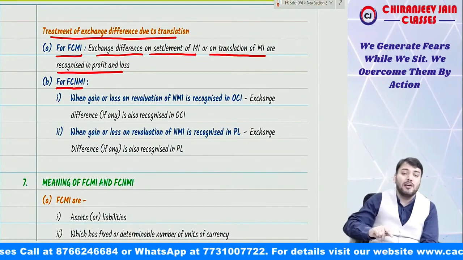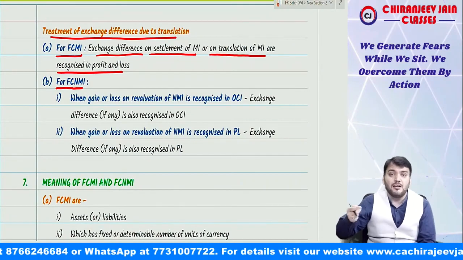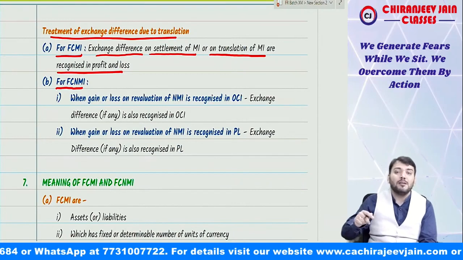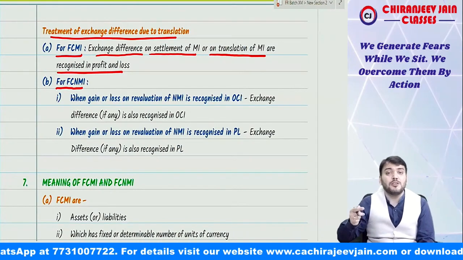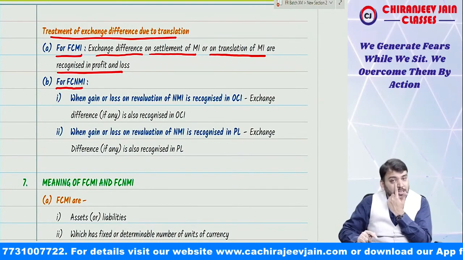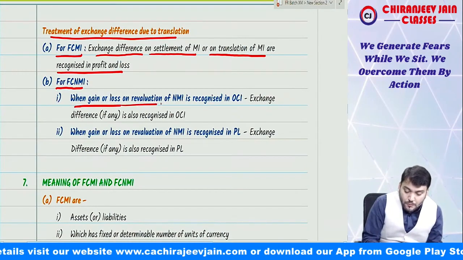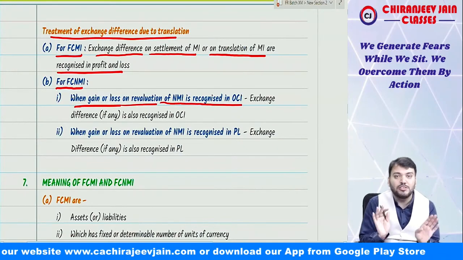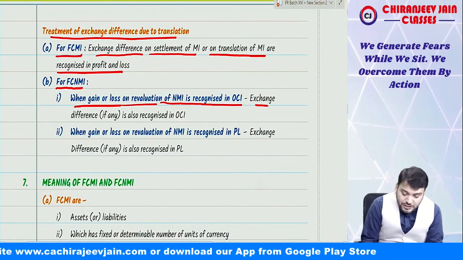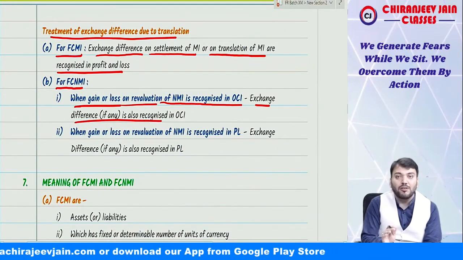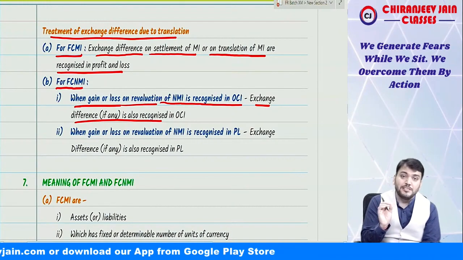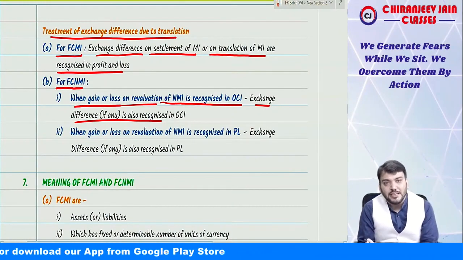The gain due to revaluation is transferred to either PL or OCI. For example, PPE revaluation is transferred to OCI as revaluation surplus. So if the gain or loss on revaluation of a non-monetary item is recognized in OCI, then the exchange difference, if any, is also recognized in OCI.